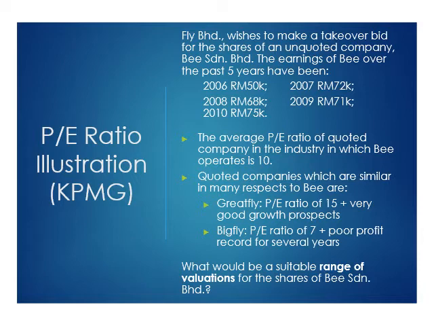Information given is on B Sdn Berhad's earnings over the past 5 years, the industry PE ratio of 10, and the PE ratio of similar but quoted companies, Great Fly and Big Fly. The question is, what would you recommend as the suitable range of valuations for the shares of B Sdn Berhad? Pause this video and take a moment to think about this.